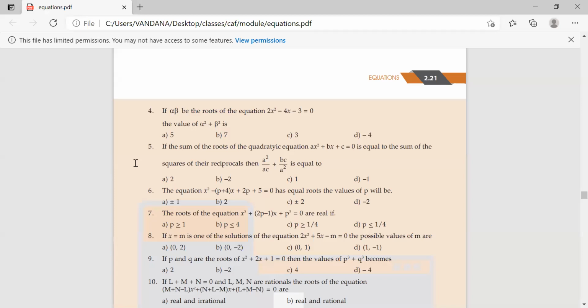Then next, if the sum of the roots of a quadratic equation is equal to the sum of the squares of their reciprocals, then for this equation, its sum of the roots is equal to the sum of the squares of their reciprocals.